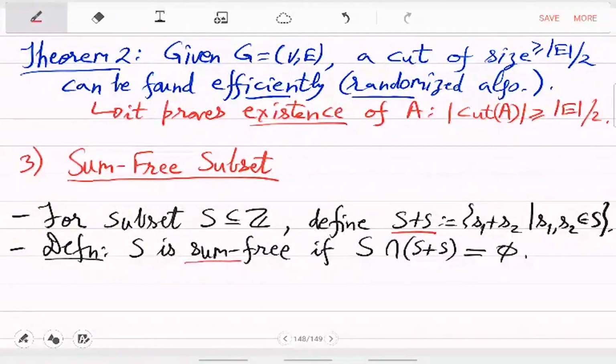Okay. So, one thing you can immediately deduce is that if 0 is in S, then S is not sum free.